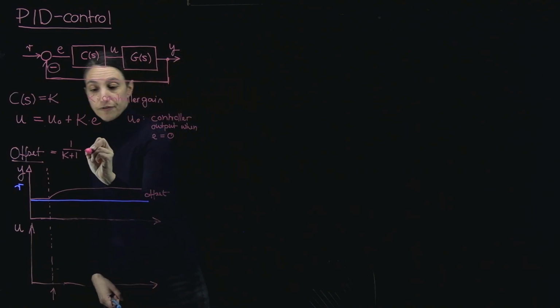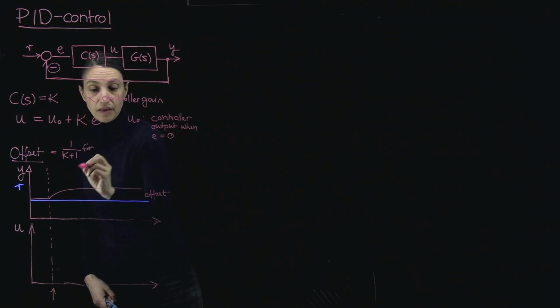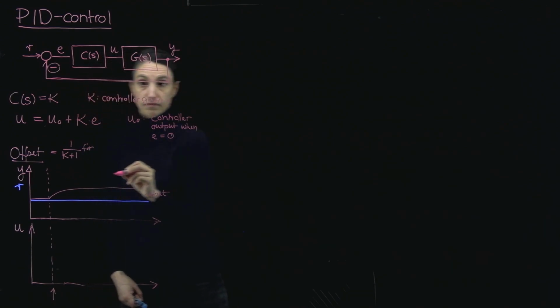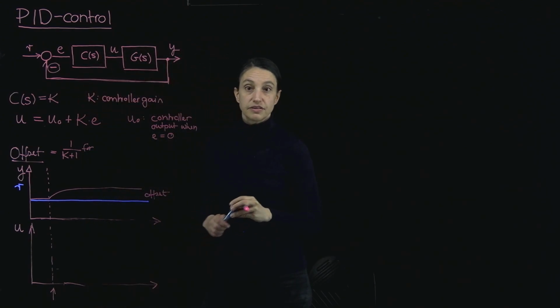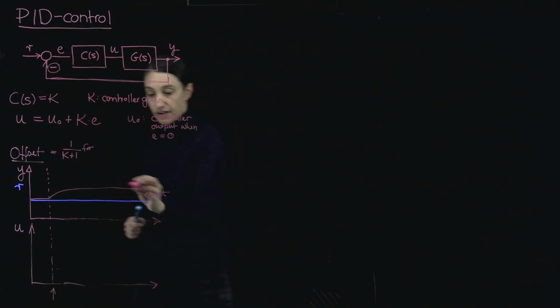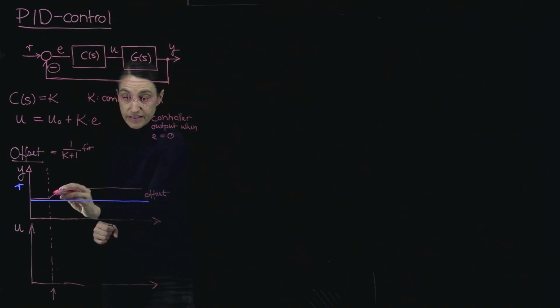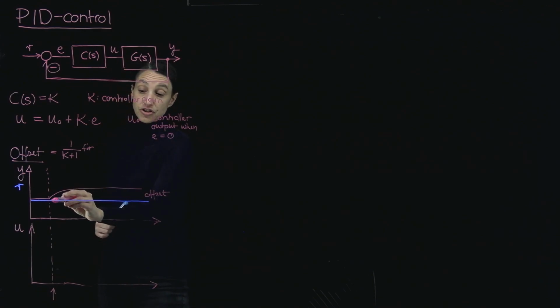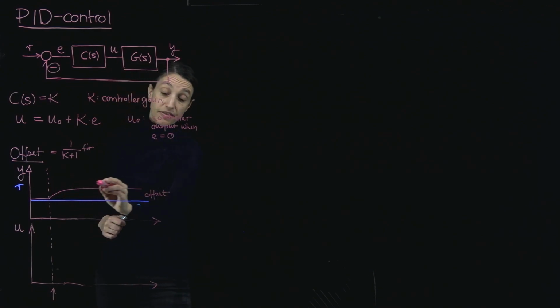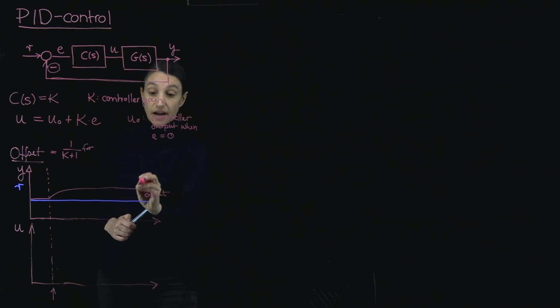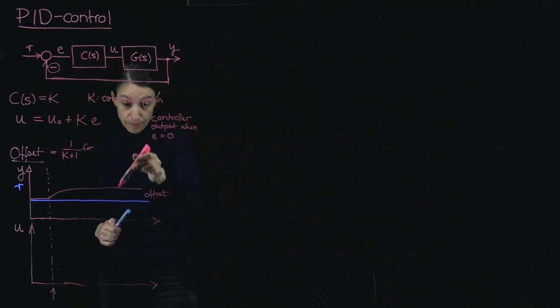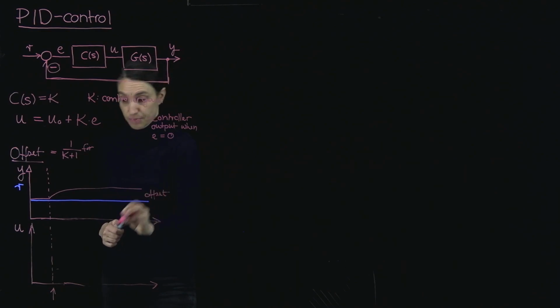This is the offset. We're having a disturbance rejection here, and this shows that the disturbance hits us, but the proportional controller is unable to steer the process back to the desired set point.